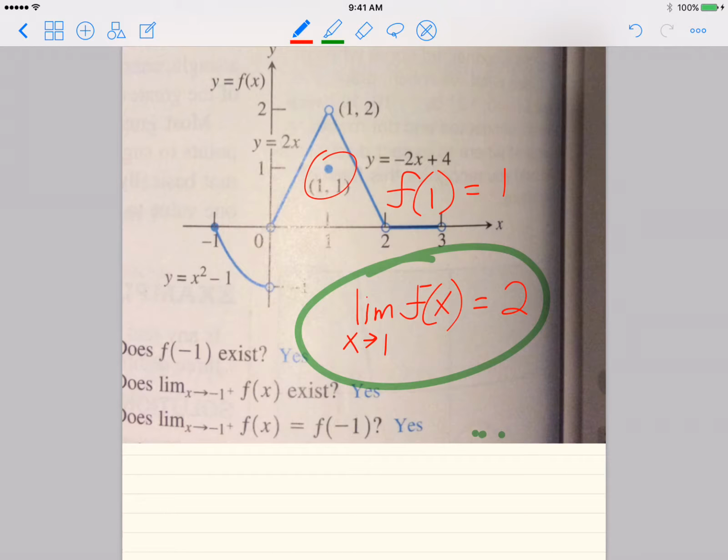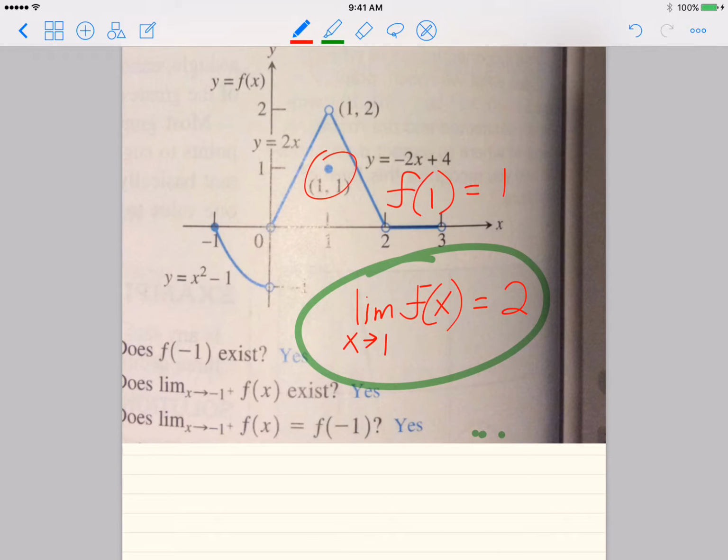F of 1 is 1, but the limit near 1 is 2. The limit as x approaches 1 is 2. So you could conclude that at x equals 1, the function f is not continuous. So number 12, C and D, the answers are no.